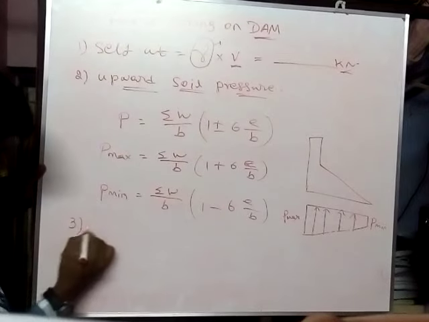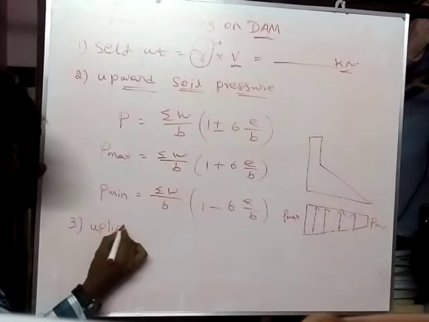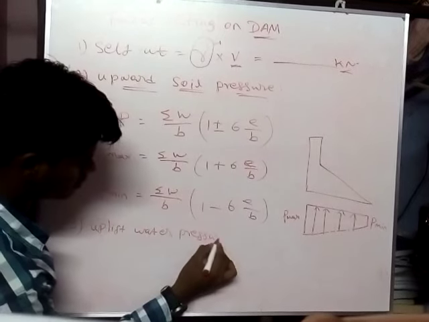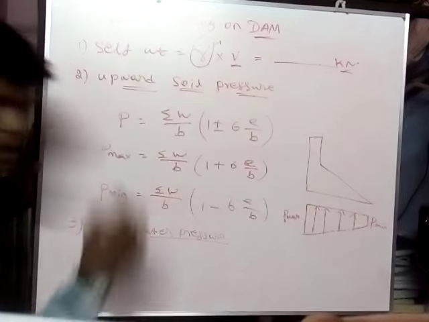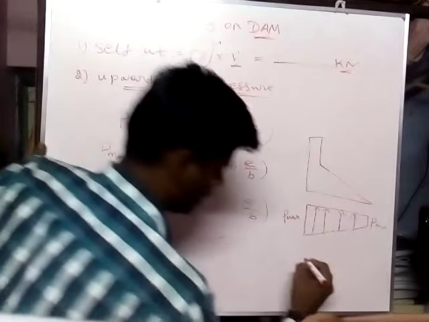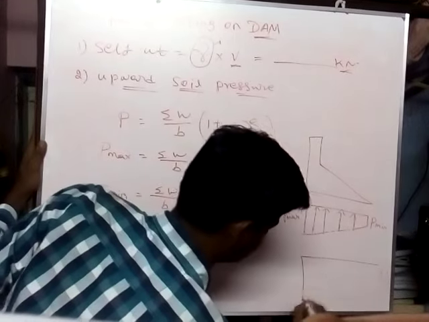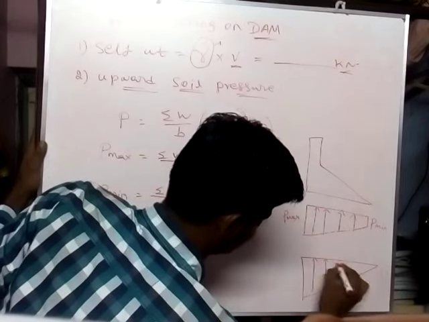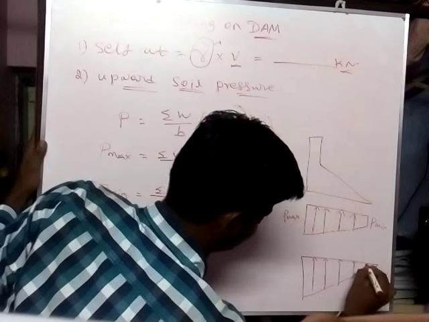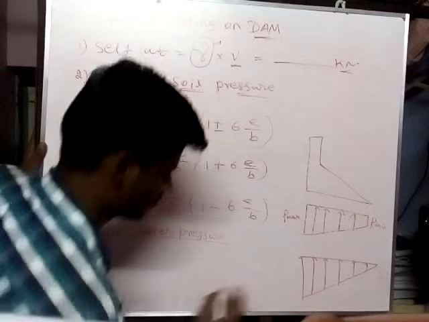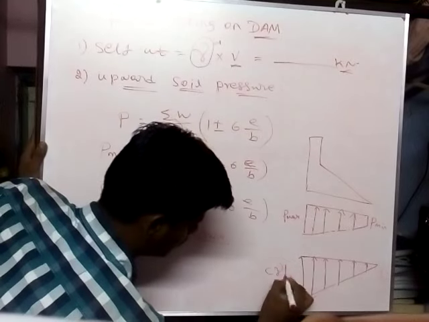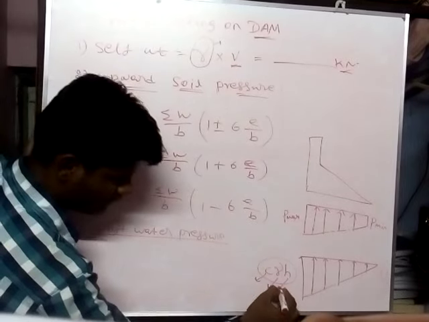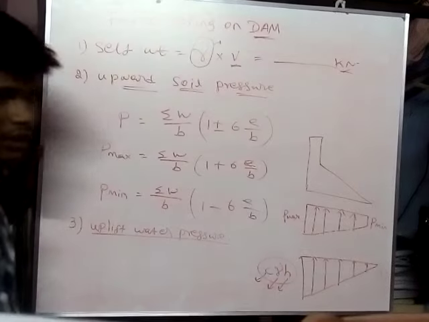So the third one is uplift water pressure. That acts like C mu H. C is the uplift pressure coefficient, mu is the unit weight, H is the height of water.